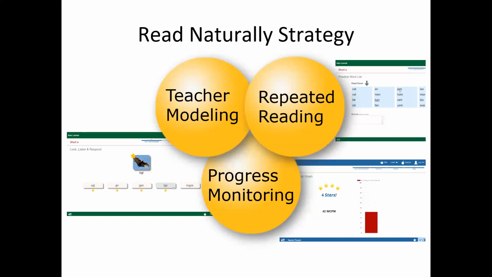Within Word Warm-Ups Live, students have what we call word list exercises, which give them a lot of practice in the decoding process. And they get a lot of repetition, which we all know is going to build automaticity in whatever it is that you are doing over and over again. And then, of course, progress monitoring is what motivates the student, right? Because they can see themselves getting better.